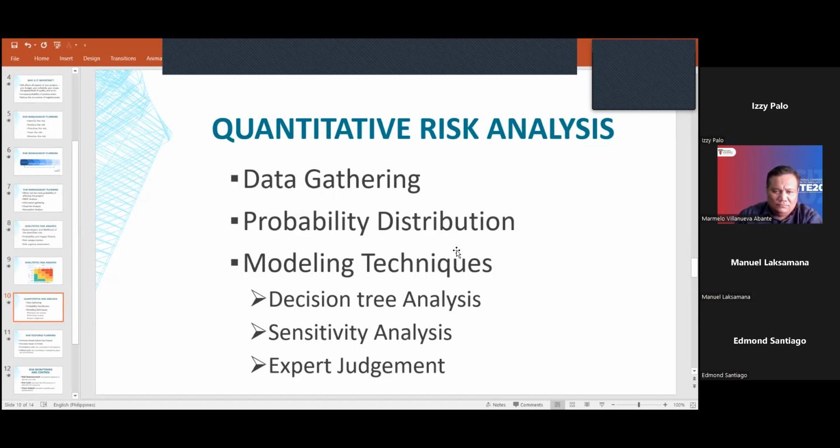Quantitative risk analysis uses verifiable data to analyze the effects of risk in terms of cost overruns, scope creep, resource consumption, and schedule delays. In layman's terms, quantitative risk analysis assigns a numerical value to the extent of the risk.